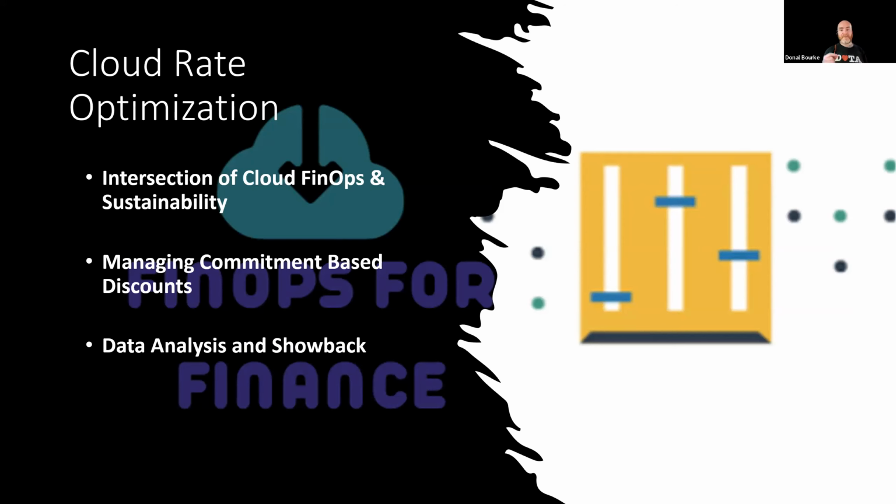Third up, then, we have the analysis and the showback. Within the cloud, and I'm sure I've mentioned this before, there are 8,760 hours in a billing year. So the sooner you get those commitments layered on top of your on-demand, saving 50, 60, 70% off your rate, the sooner you get the benefits.